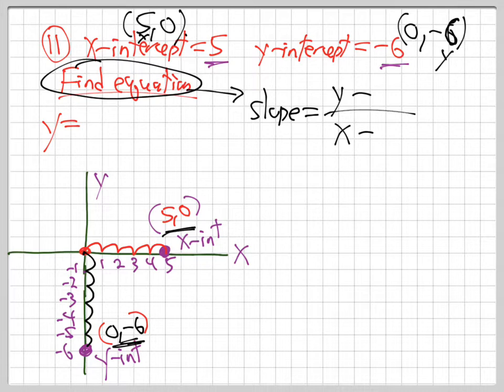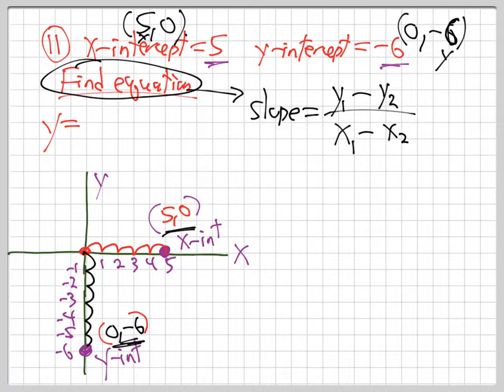Let me go back to the old slope formula. This one's not an easy problem. The y1 minus y2, x1 minus x2. Because we first need the slope on this one. We need the steepness, the slope, between those 2 points.